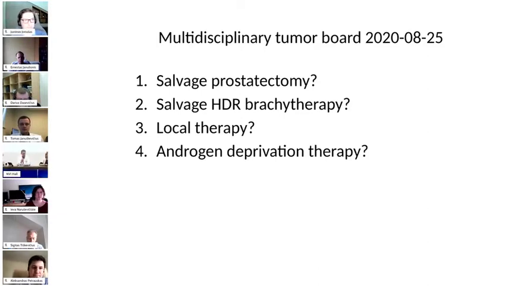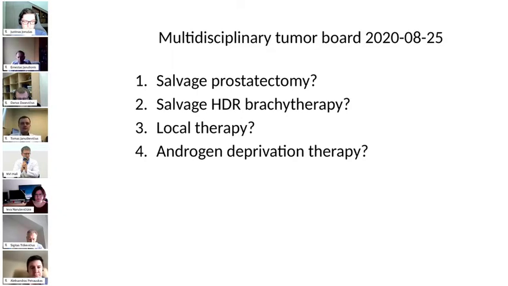The question from the first line is about the local surgery. I will start. As I mentioned previously, salvage prostatectomy after previous first line local radical radiotherapy is quite a big challenge due to the possible complicated quality of life for the patient, owing to the high risk of severe incontinence.